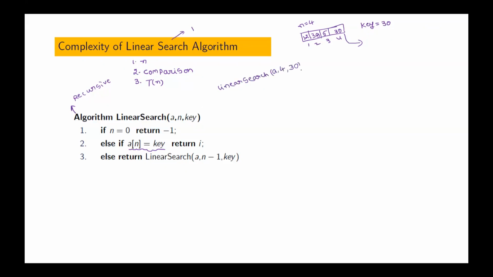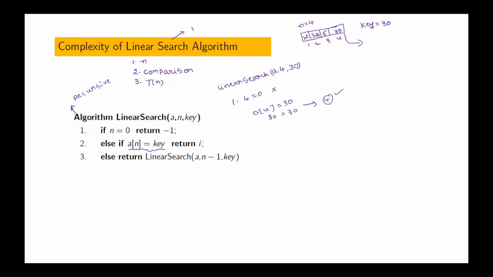First, what does it check? Whether 4 equals 0 or not. It is not correct. In the else condition, it checks whether A of 4 is equal to 30 or not. What is A of 4? 30 equals 30. It returns 4.